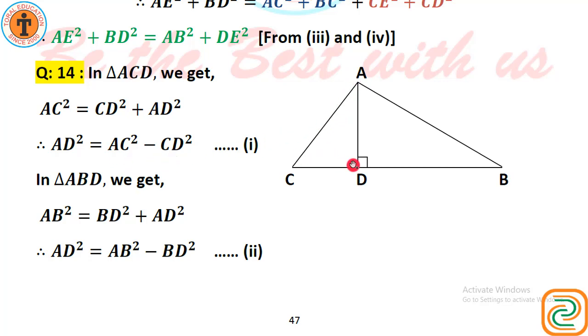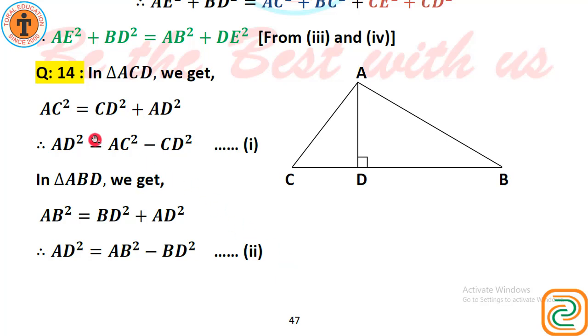In triangle ABD, AB is the hypotenuse, so AB square equals AD square plus BD square. Again, taking AD as subject, AD square equals AB square minus BD square.